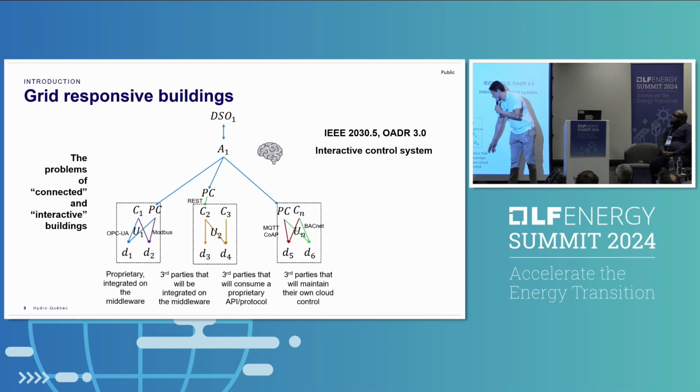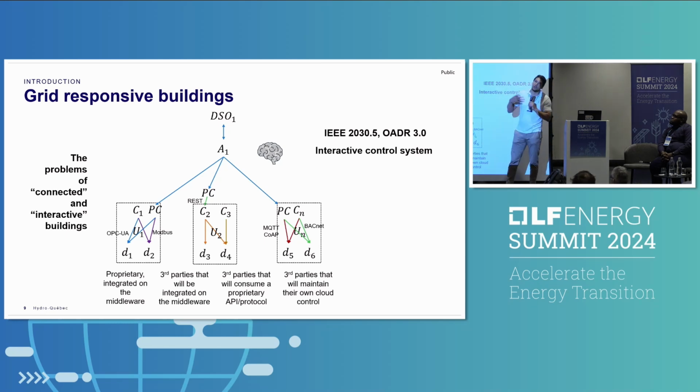And finally, there are devices that maintain their own control on the cloud by themselves. So for example, if you try to control Google devices, you can control them with the API directly if you are the end user. But if you are a utility, you need to pay for a different API that is specifically dedicated to aggregation purposes. And then you need to pay for it in a different way. So these devices, you cannot integrate easily.